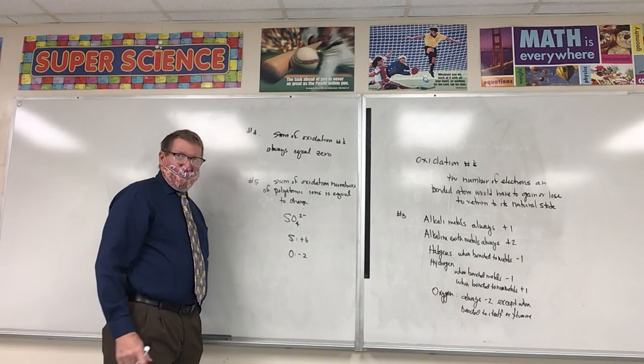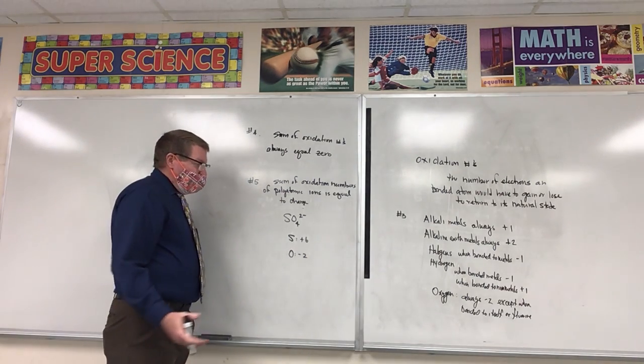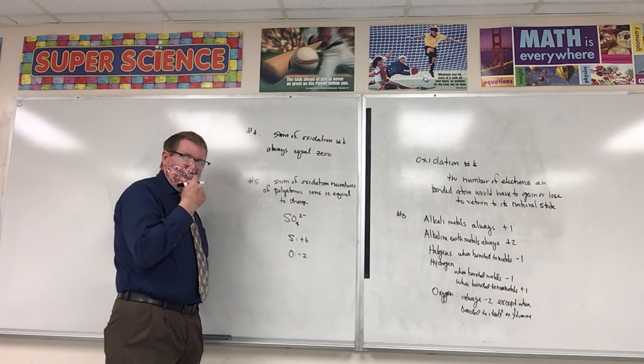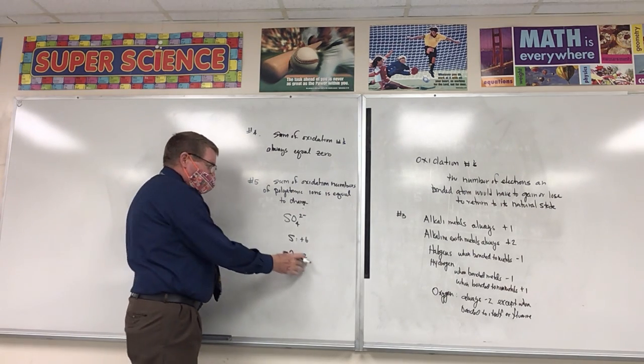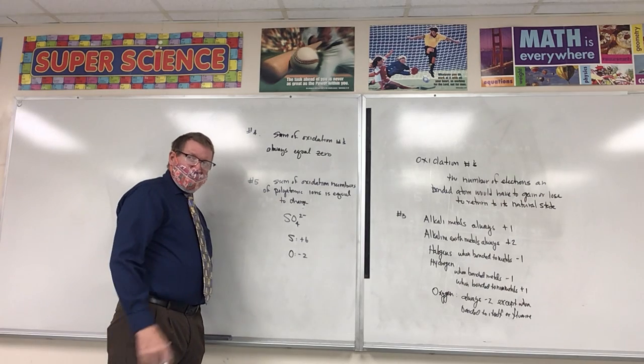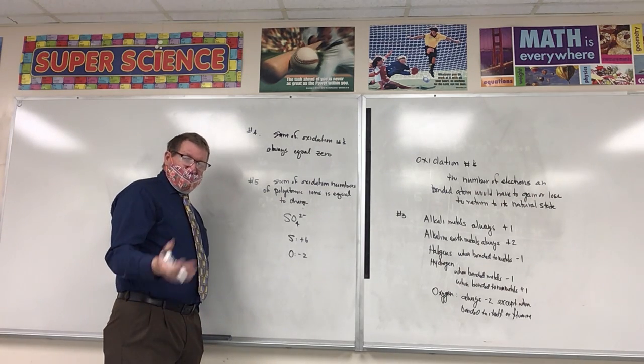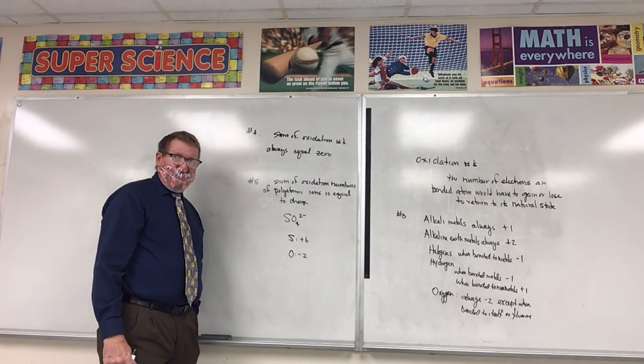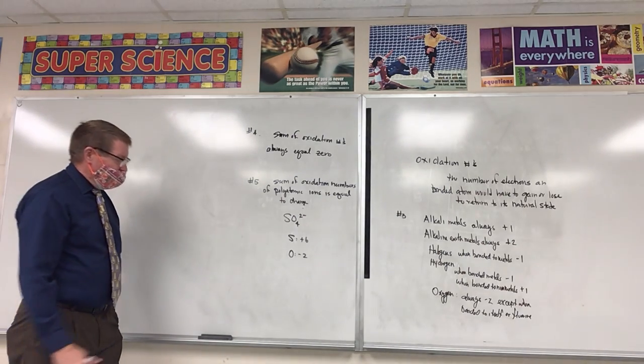Sulfur is the one that will vary. So because sulfur varies, I know the whole thing must equal -2. If oxygen, which I have 4 of, equals -8, and it must equal -2, that means sulfur has to be +6. So they must always equal.